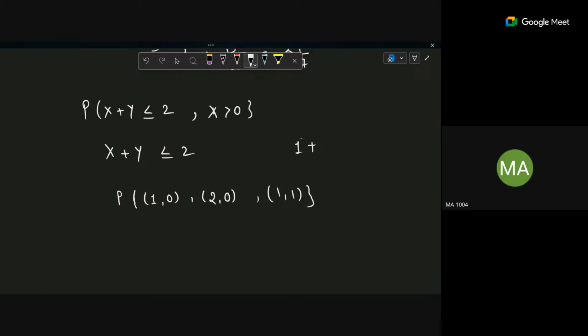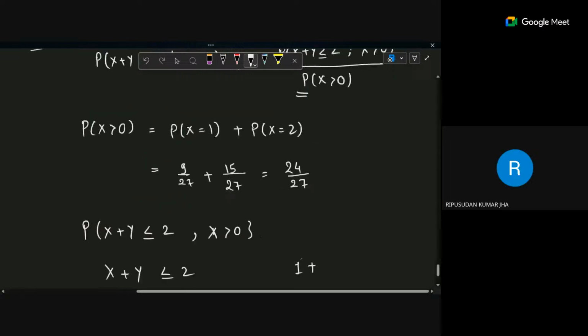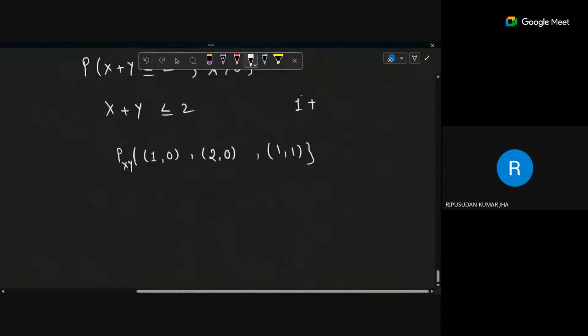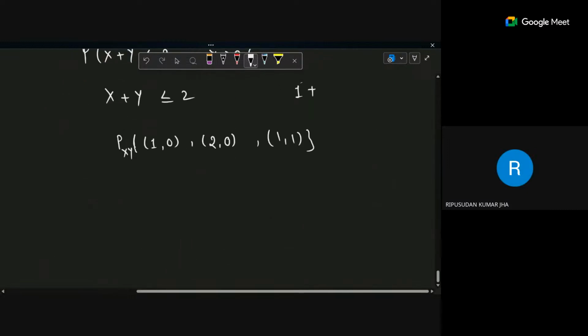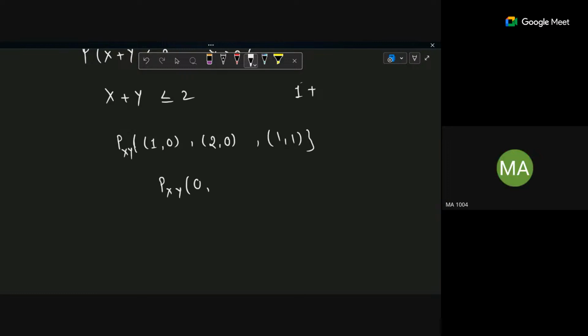So do you know the probabilities for all these values? Ma'am, we have to take the common part. You can't take the probability of x, y taking 0 1. Why?